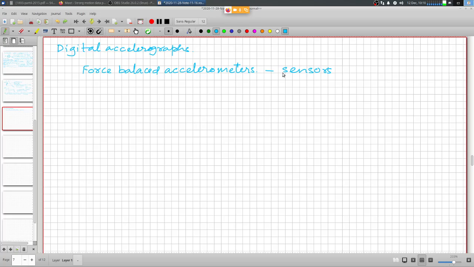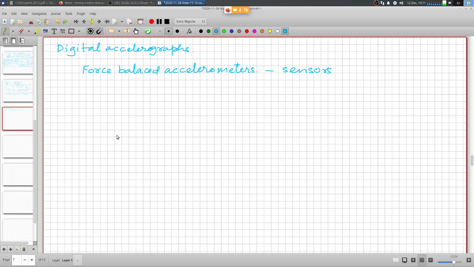Predominantly, digital accelerographs deploy force balance accelerometers as the sensor. Now, the force balanced accelerometer is different from the analog accelerograph, which is a simple pendulum, where we measure the relative displacement with respect to the base, proportional to the base acceleration for a certain frequency range.